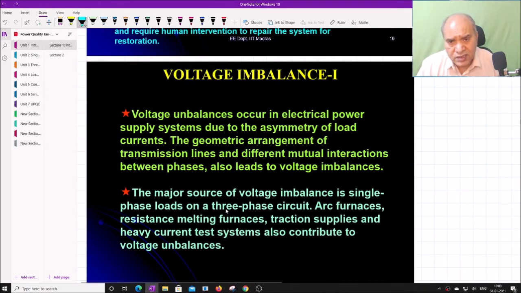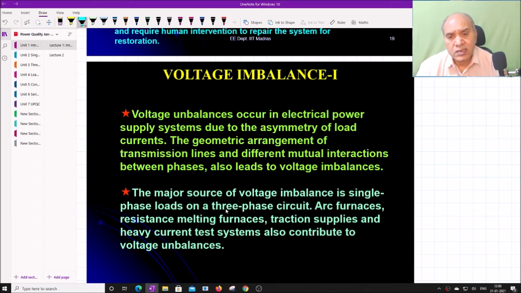The next important classification was voltage imbalance. This is another power quality aspect that has to be looked in three-phase system. As you know, the three-phase system is being designed to operate for balanced load currents and fundamental frequency.